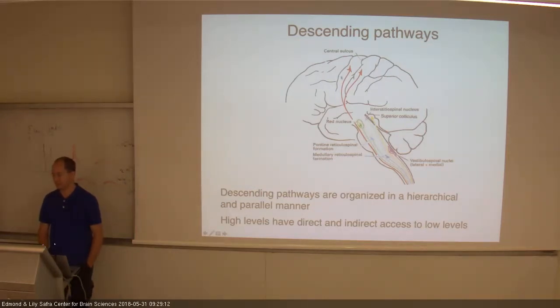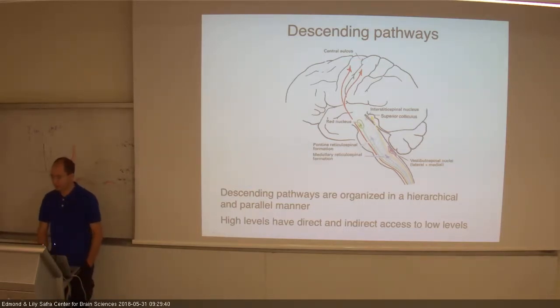And for primates, the corticospinal pathway is the main pathway by which we control the spinal cord from the cortex directly. But the red nucleus leads to a pathway that goes together with the corticospinal pathway to make the pyramidal tract. So both of these go down in the pyramidal tract, through the pyramids, which I think are here in the brainstem.